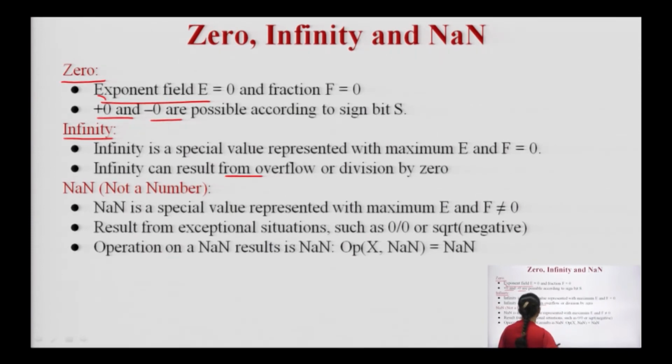In that case, we have maximum E and F not equal to 0, and the result is from exceptional conditions such as 0 by 0, or calculating the square root of negative numbers. The operation on not a number also results in not a number. That is, when we do any operation on not a number, we will get not a number.